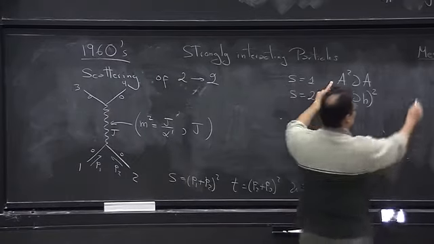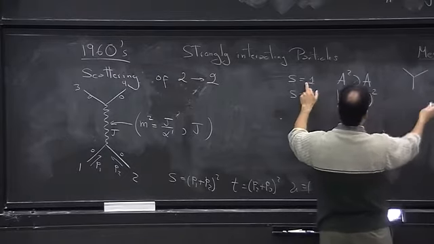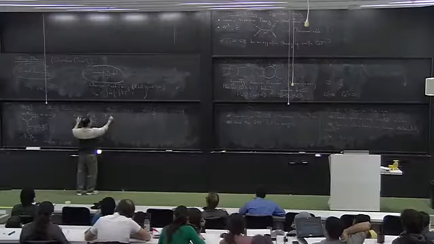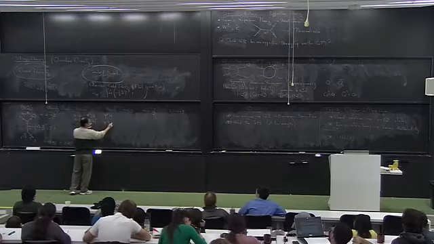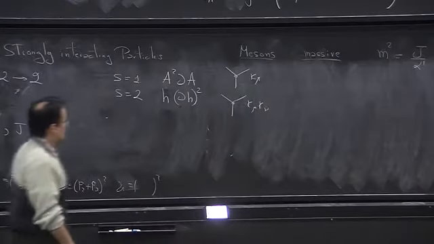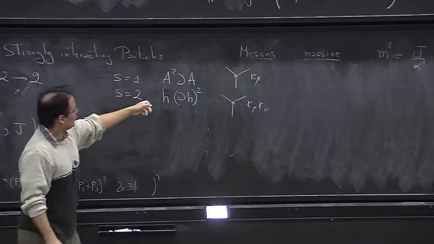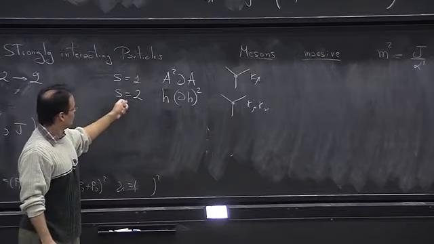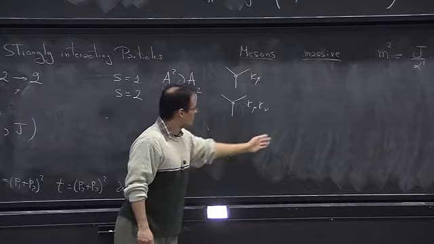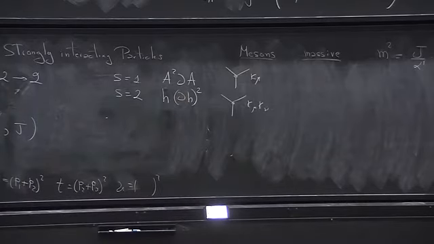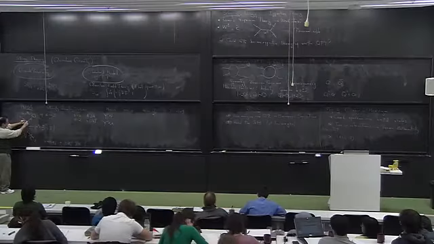So this means that in the cubic interaction for spin 1, we have 1 power of the momenta. And in this case, it means that in the cubic interaction, we have 2 powers of momenta. You can show that the same thing will be true if you increase the spin. So for a spin j, you will have j powers of momenta at these vertices.